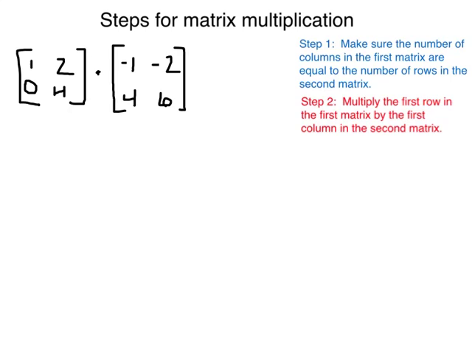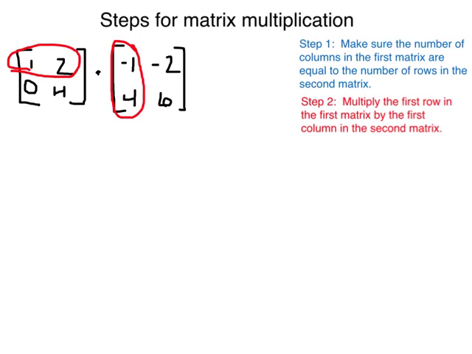The second step involves what we just previously saw on the first matrix multiplication problem we did. We're going to multiply the first row in matrix A, so this row, by this column here in matrix B. So we're going to multiply corresponding positions and add each of those positions.